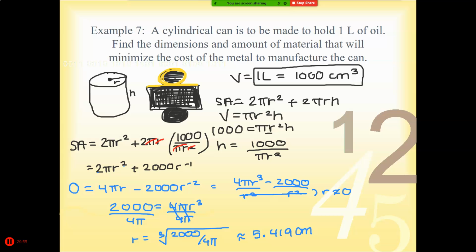And then you need to also find your height. So the height is 1000 divided by pi times 5.419 squared, which is approximately 10.83.